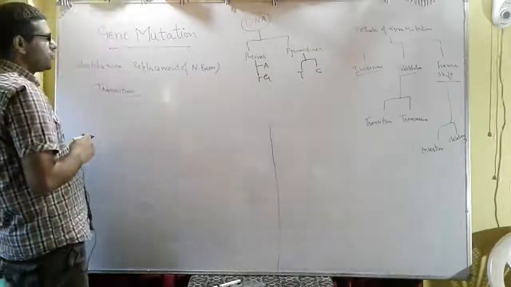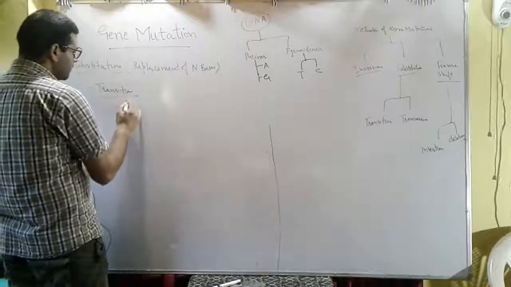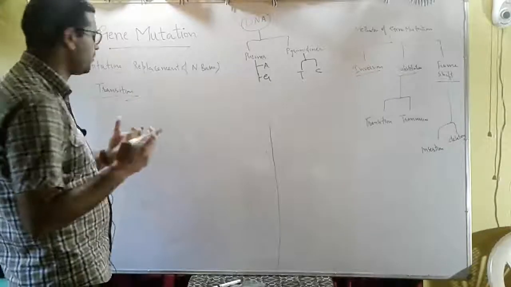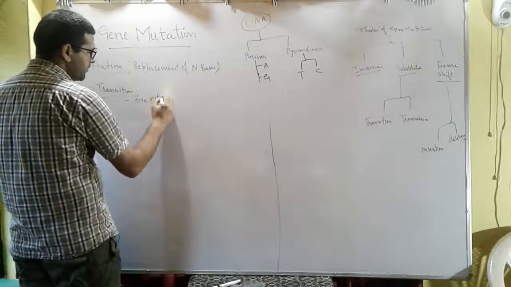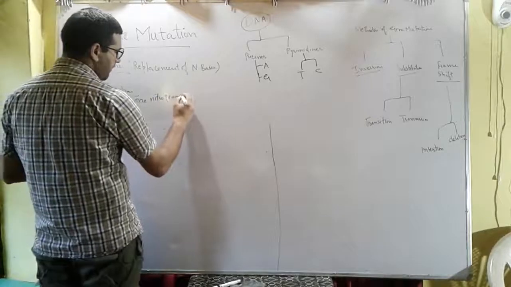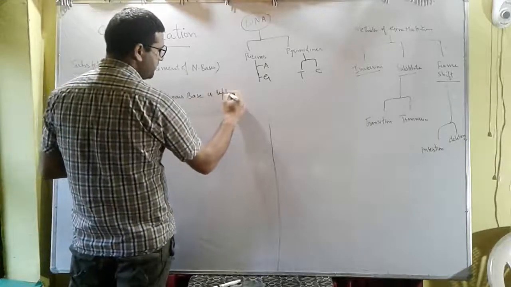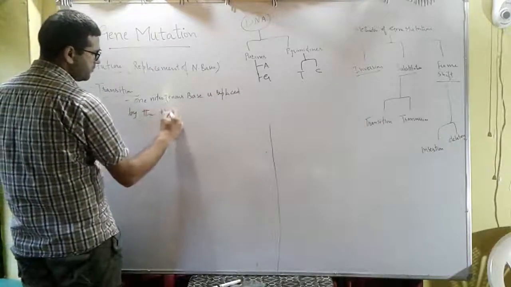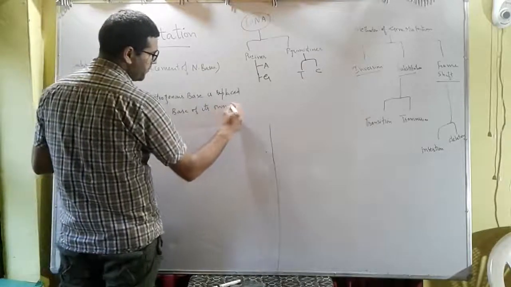So in case of substitution, there is a replacement of nitrogenous bases, and it is of two types: transition. In case of transition, one nitrogenous base is replaced by a nitrogenous base of its own type.